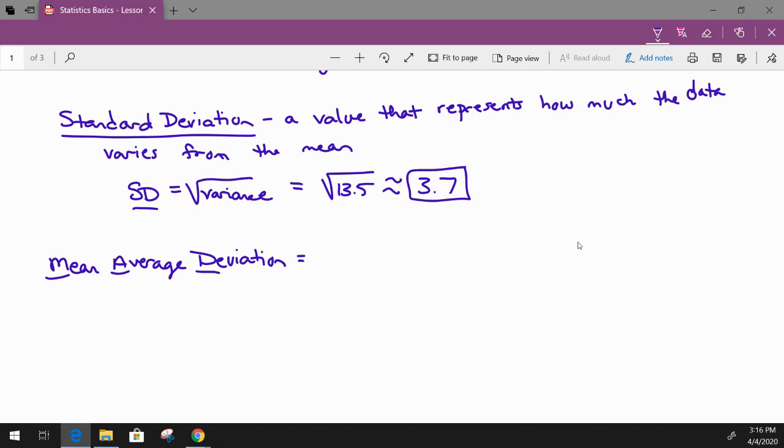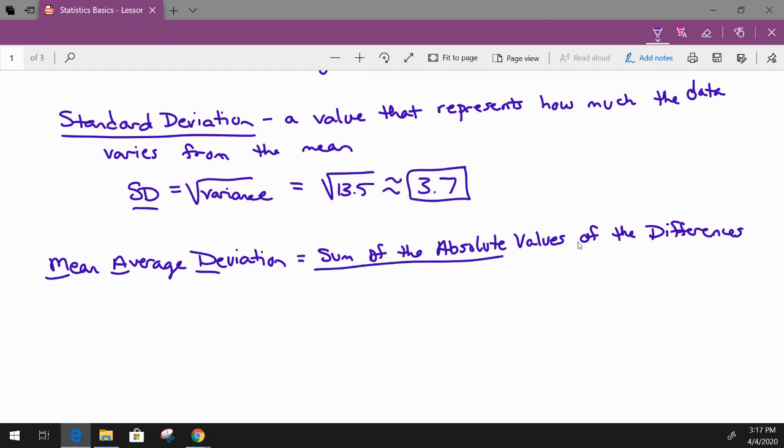Because that is the sum of the absolute values of the differences, and then divided by your number of numbers.